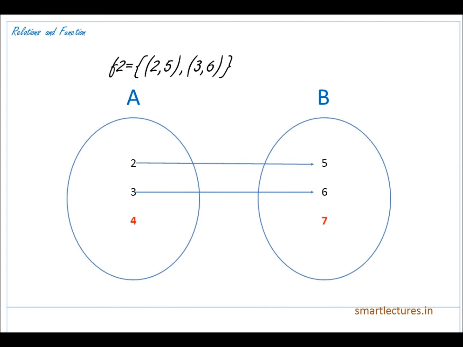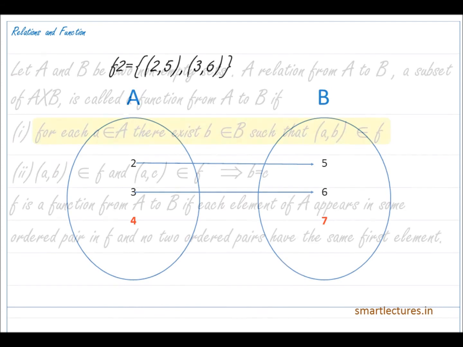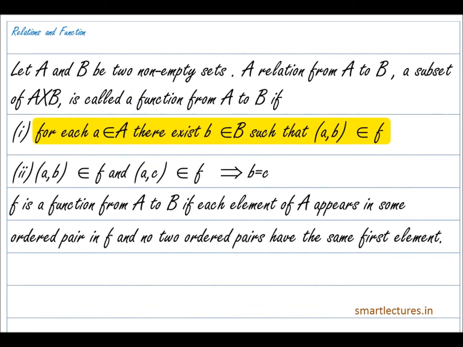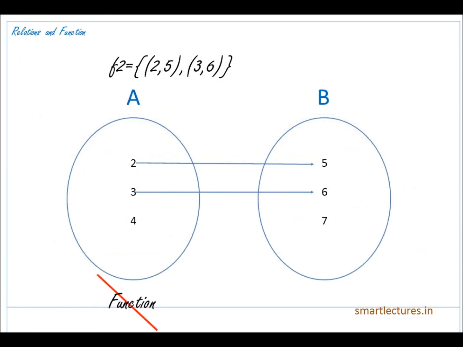But remember from the definition of function, for each element a which belongs to set A, there exists an element b in set B such that the ordered pair (a, b) belongs to the function. So here this condition is not satisfied. So again, this is not a function.